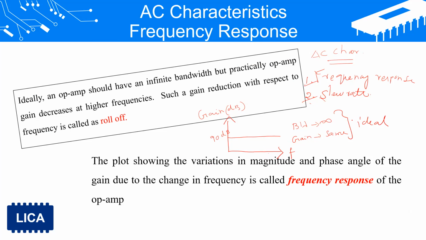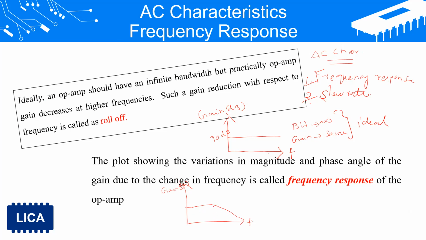But what do practical op-amps do? For a practical op-amp, this is frequency and this is gain in dB. Up to some frequency it will maintain 90 dB, and afterwards it rolls off.